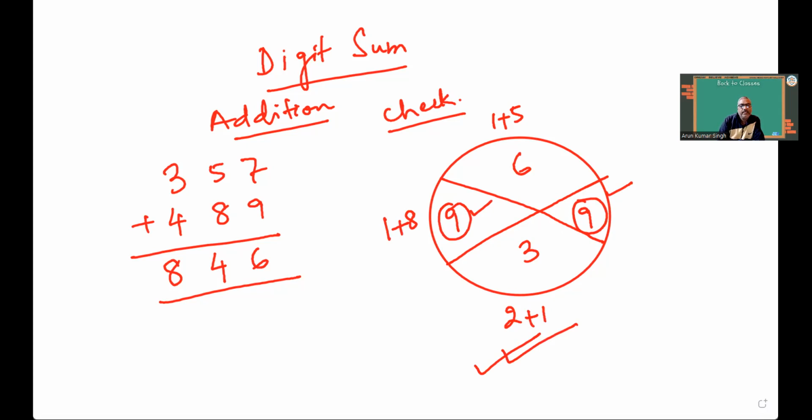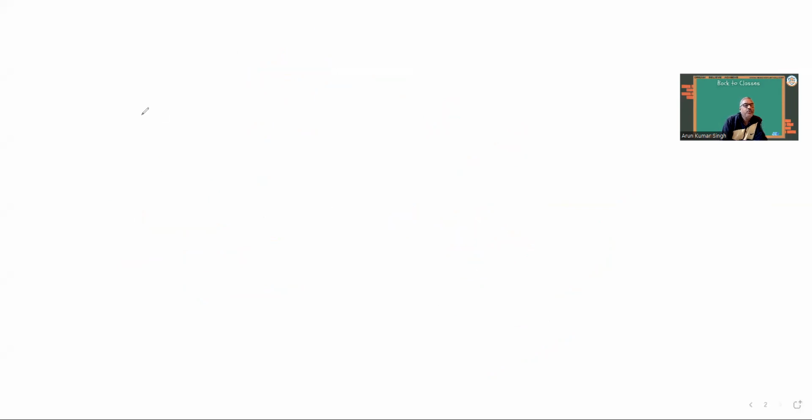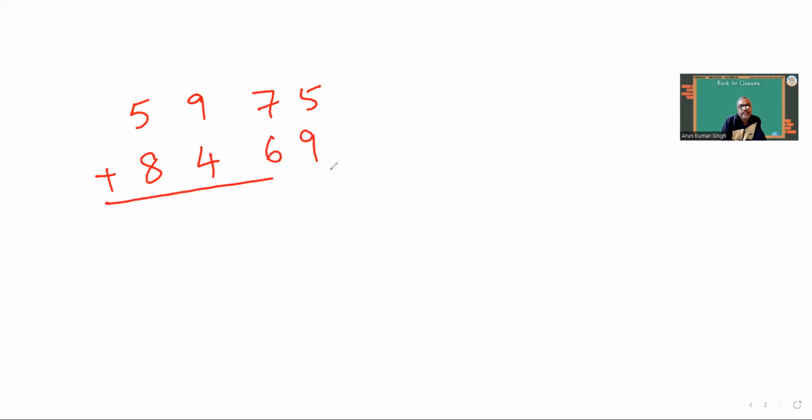Suppose we have 5975 plus 8469. 8 plus 5 is 13, but the next number is a carry number, so this 13 will become 14. 9 plus 4 is 13, but the next number is a carry number, so 3 will become 4.